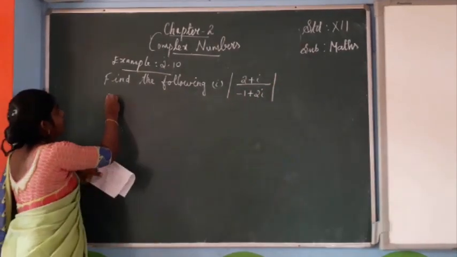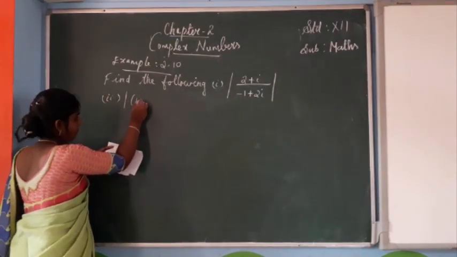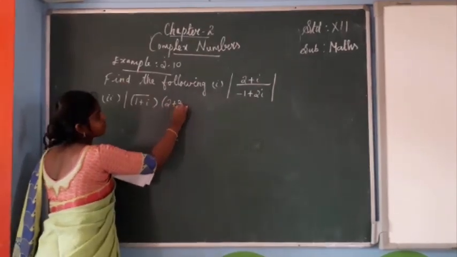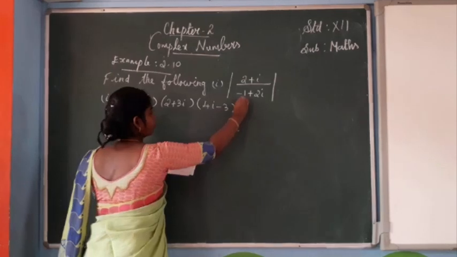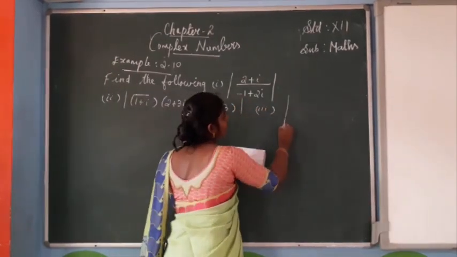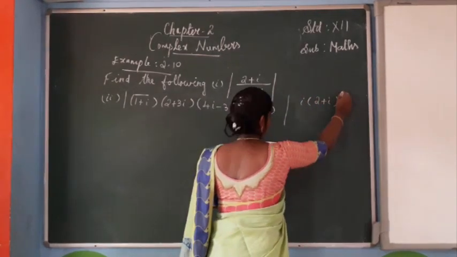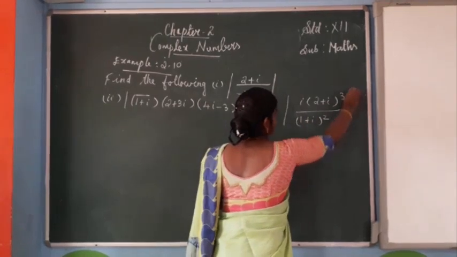Second subdivision: modulus of 1 plus i the whole bar into 2 plus 3i into 4i minus 3 modulus. Third subdivision: modulus of i into 2 plus i the whole cube divided by 1 plus i the whole square.